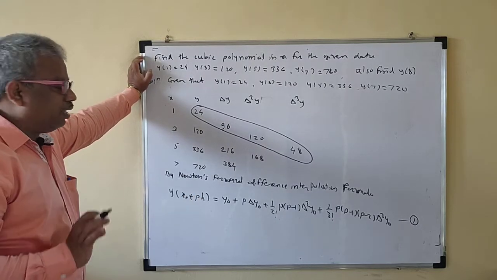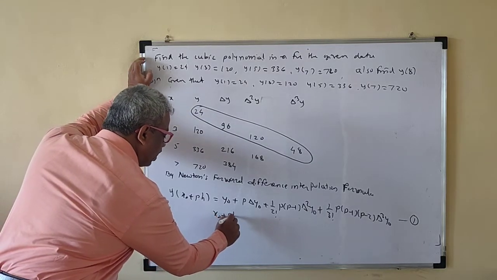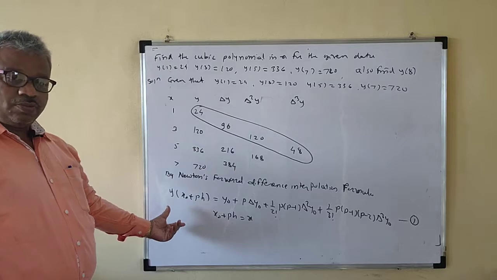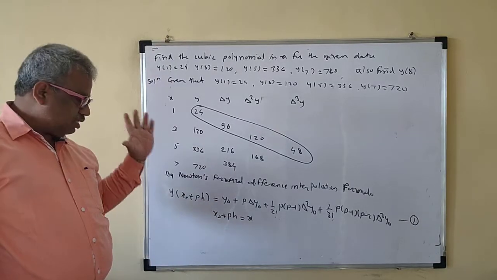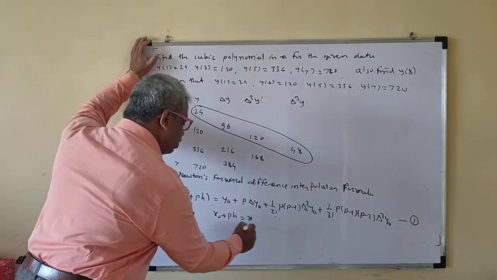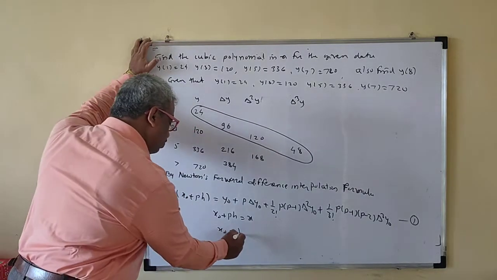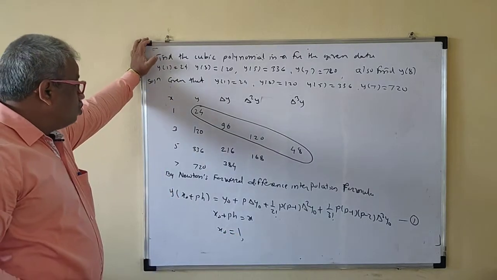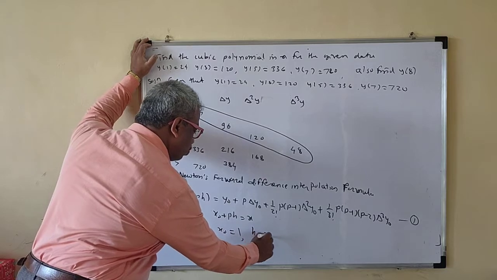This is your formula. We have to put the values of p and y naught, delta y naught, and so on. What is our aim? To find the value of y of x. So x naught plus ph is the x you want. Okay, what is your x naught? Your x naught is the first value, which is 1. So what is the value of h? H is the interval difference. h is equal to 2.